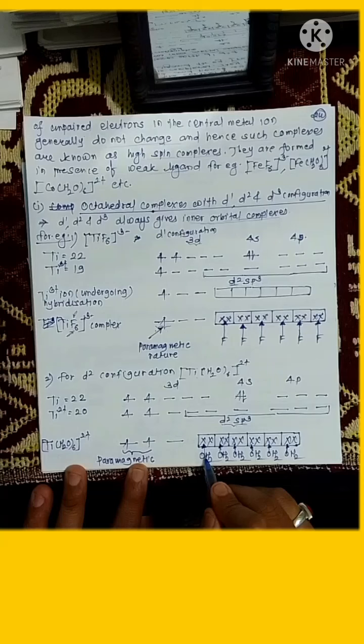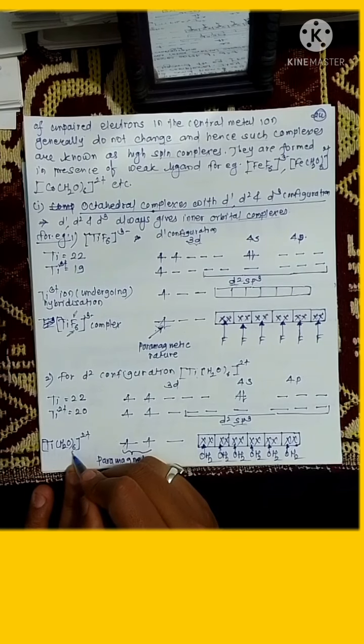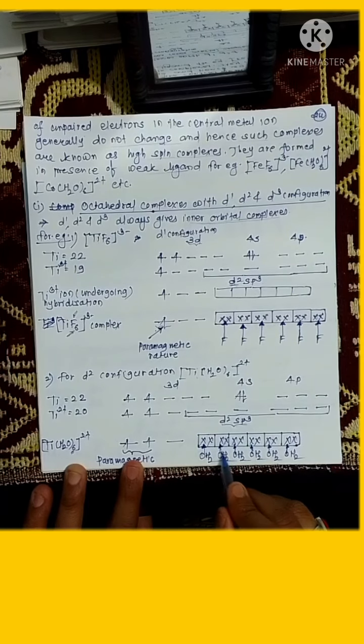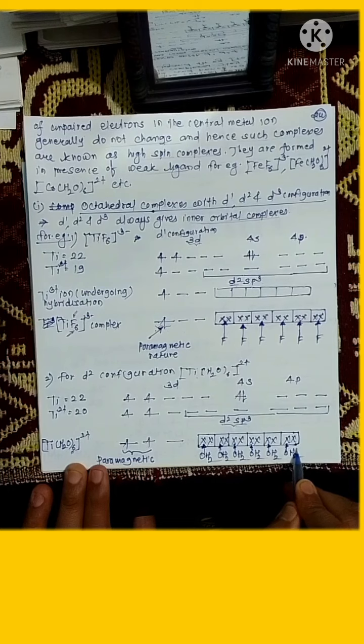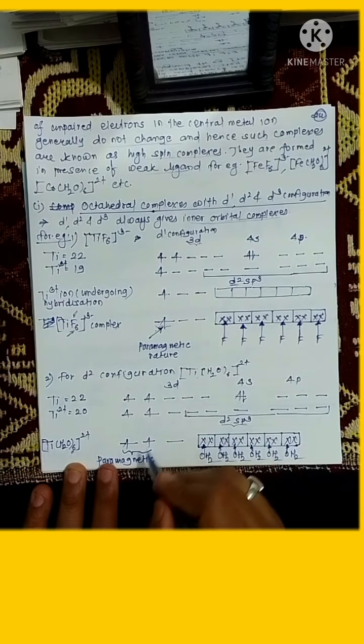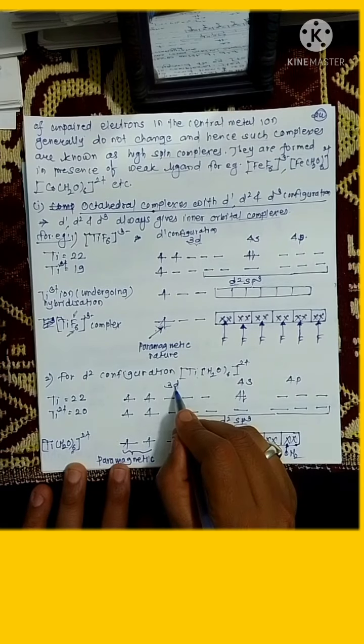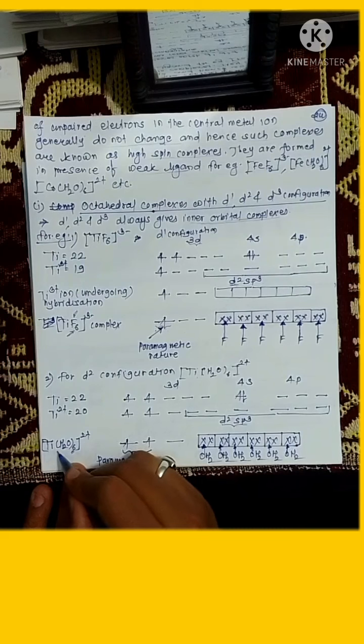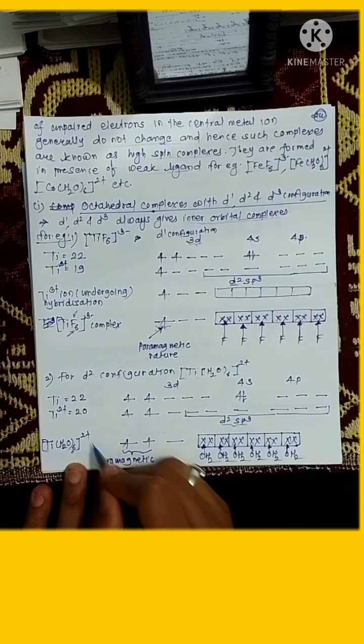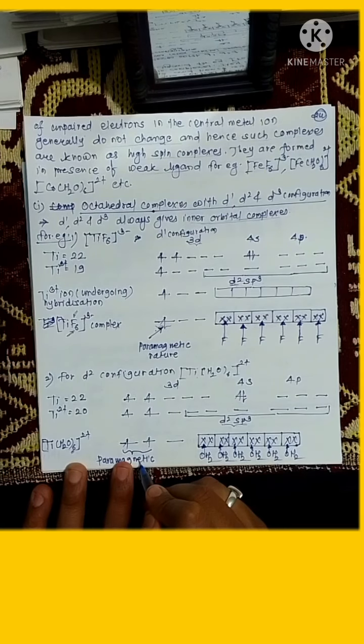So oxygen gives an electron pair to each orbital. Since there are 6 water molecules, 6 coordinate bonds are formed. In this case, we clearly see that there are 2 unpaired electrons present in the 3d orbital. That's why Ti(H2O)6 2+ is also paramagnetic in nature.